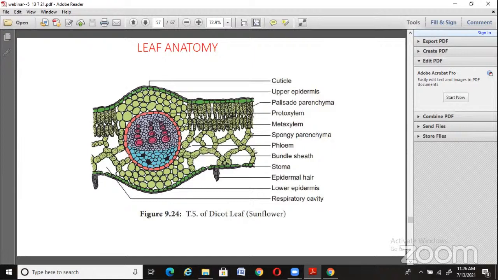As a result of this closeness to the upper epidermal cells, in mesophyll cells the temperature is more than that of bundle sheath cells. That means in the inner parts the temperature is less, whereas the tissue very close to the upper epidermal cells has more temperature.